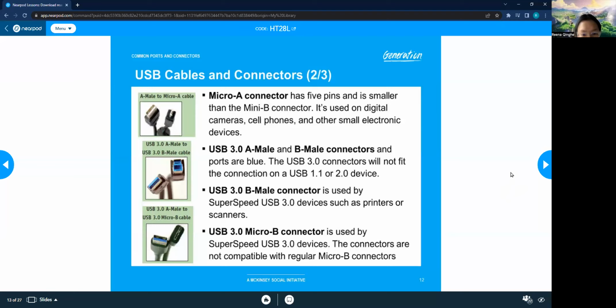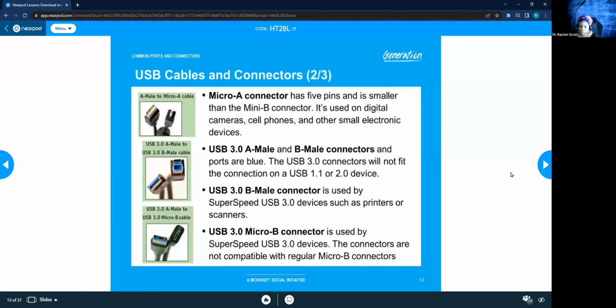The USB 3.0 connectors will not fit the connection on a USB 1.1 or 2.0 device. USB 3.0 B male connector is used by super speed USB 3.0 devices such as printers or scanners. USB 3.0 micro B connector is used by super speed USB 3.0 devices. The connectors are not compatible with regular micro B connectors.